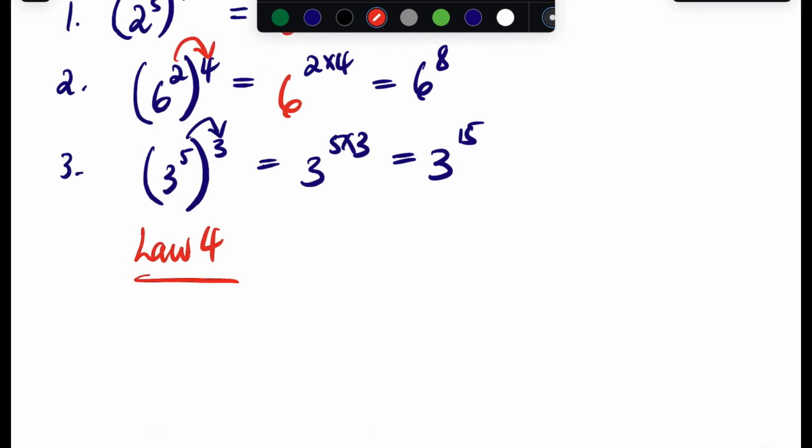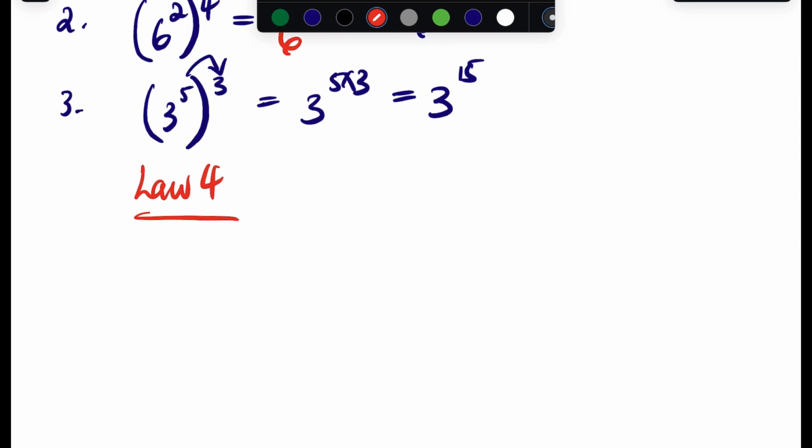Law 4, it's when you have a times b, all to the power n outside there. So what's going to happen there?